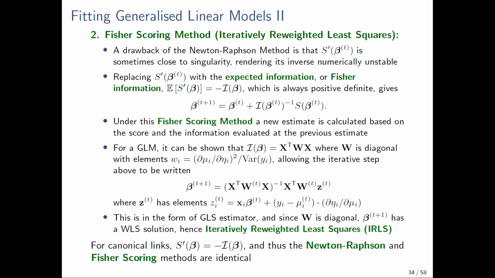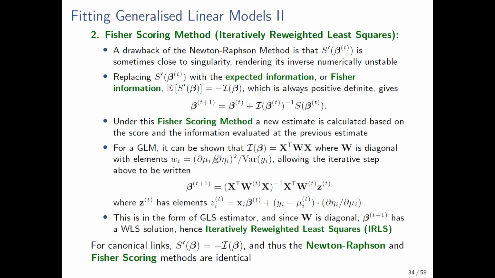A second method is called Fisher scoring, also known as iteratively reweighted least squares. A drawback of Newton-Raphson is that the Hessian is sometimes close to singular, making its inverse numerically unstable. Fisher scoring replaces the Hessian with its expectation, the Fisher information, which is always positive, giving the update shown: new β equals old β plus the inverse information times the score.